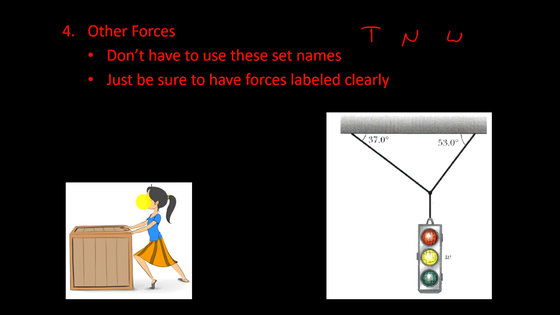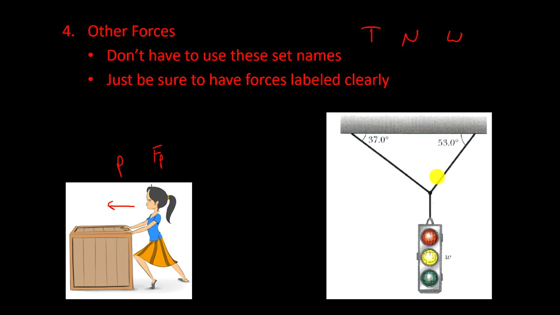For example, here we have a girl pushing a box. Well, that's not really tension. The force that the girl is pushing isn't really the normal force. It's certainly not weight. You can come up with your own names. Maybe you call this the pushing force, or maybe you label that F sub P. As long as you clearly label things.